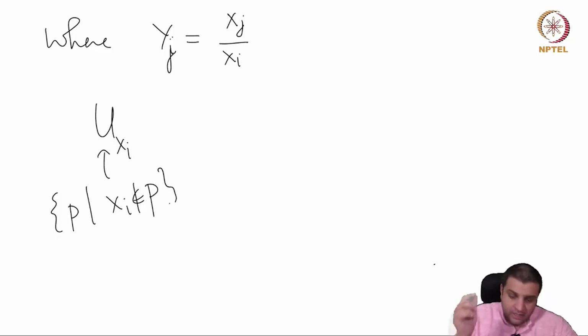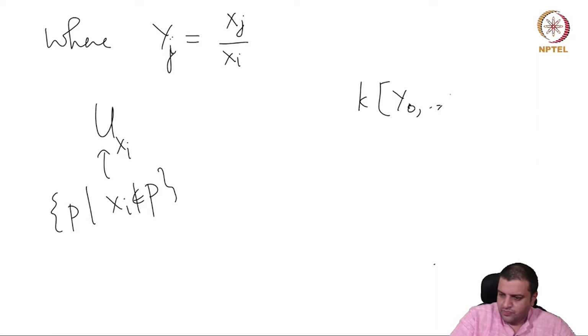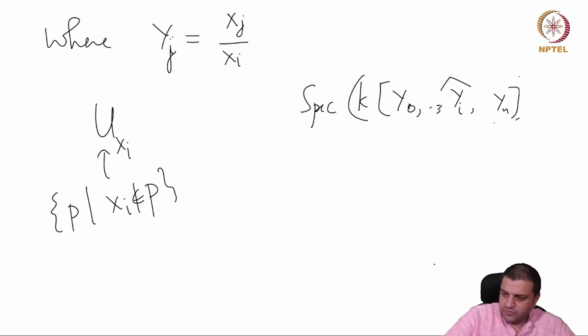And on this side we have some polynomial ring. I'll just write, for simplicity, yi with a hat to denote that it has been omitted, and then yn. Although the list has only n plus 1, the ith has been omitted. So there is a Spec of this ring. And there is a homeomorphism between these two.